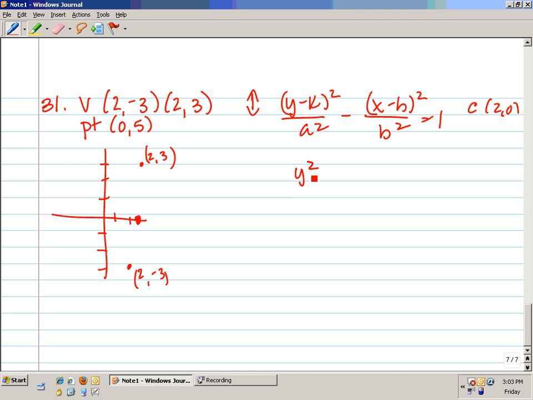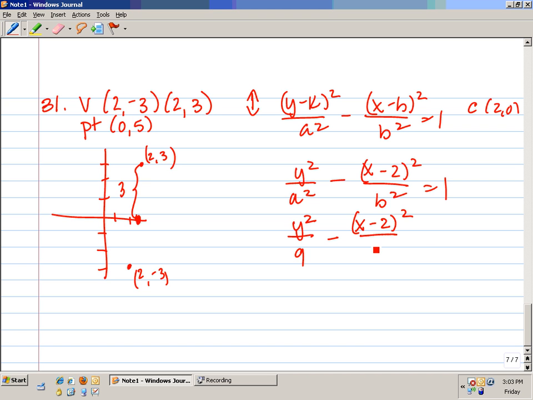So that's going to be y squared over a squared minus x minus 2 squared over b squared equals 1. And this is 3, so that gives us a. So that's y squared over 9 minus x minus 2 squared over b squared equals 1.